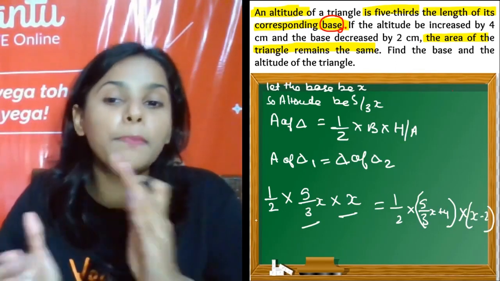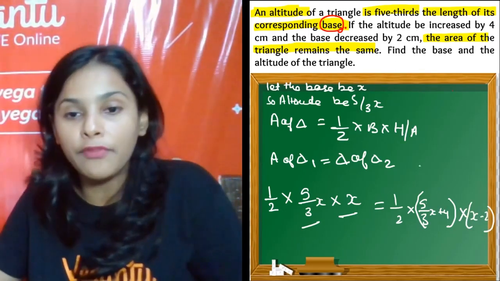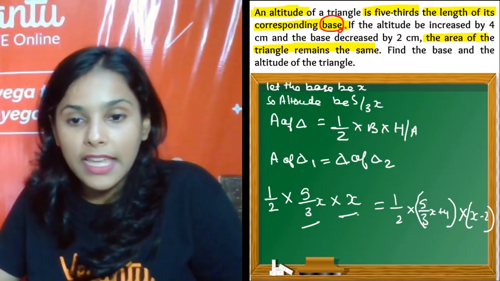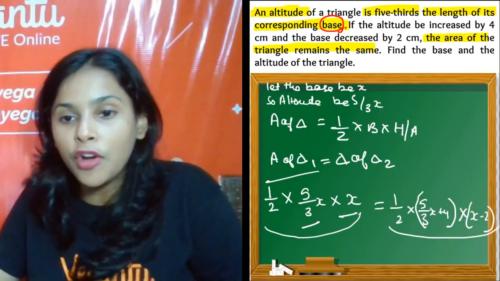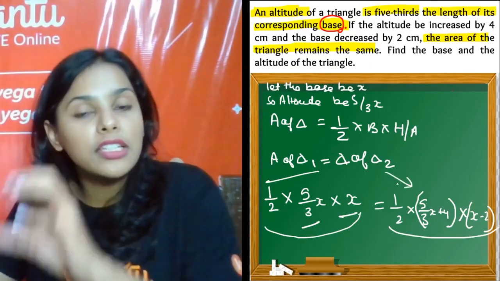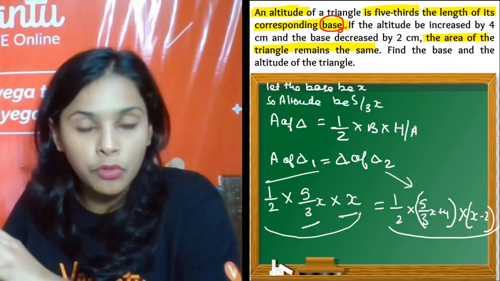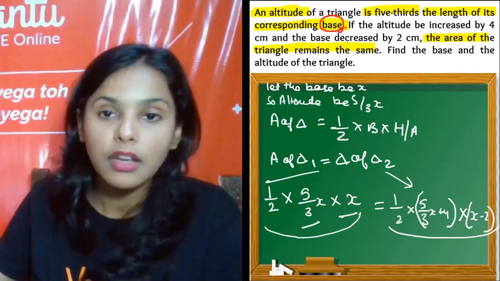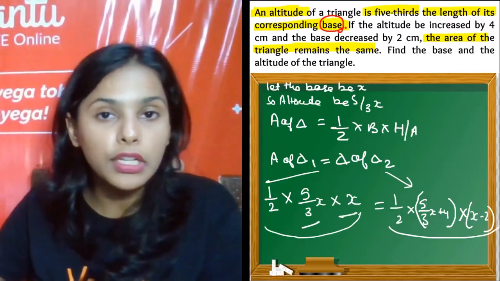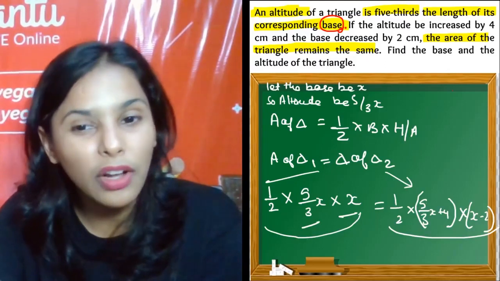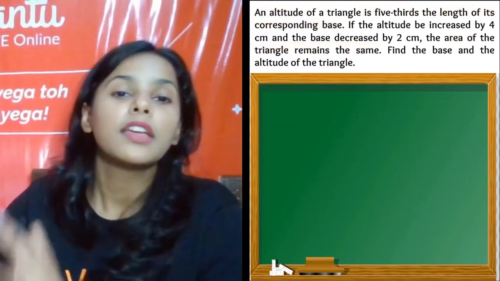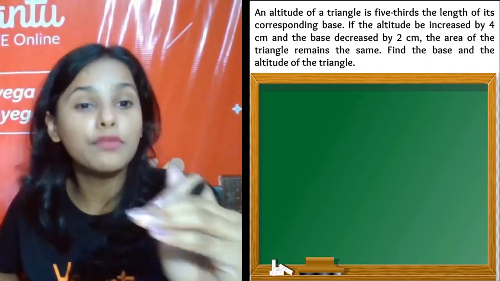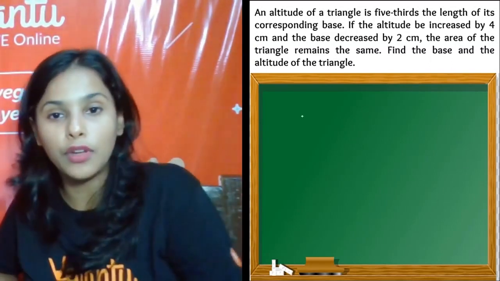Just simplify the equation which you have formed here. It was the area of triangle 1 and this was the area of triangle 2. You have just done what the question has asked you and you have formed the equation. So isn't that simple and logical? Now just quickly solve the equation like we have done previously. Let us write down the equation which we have just formed.